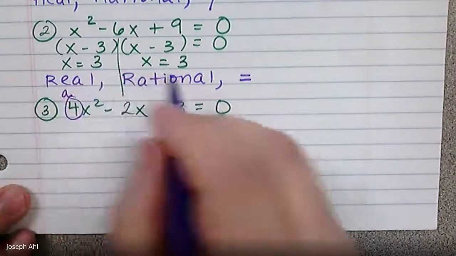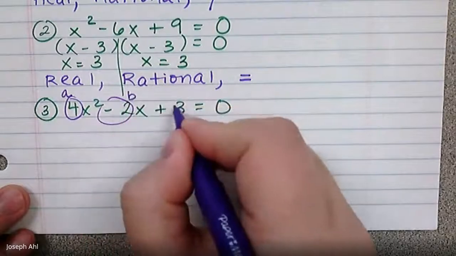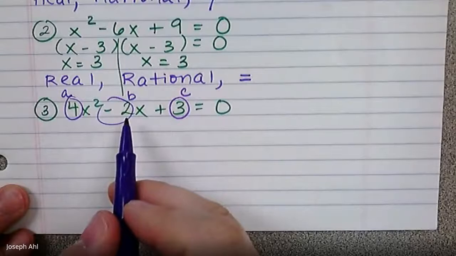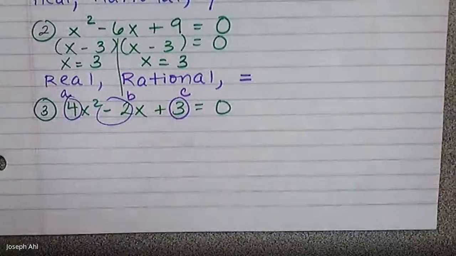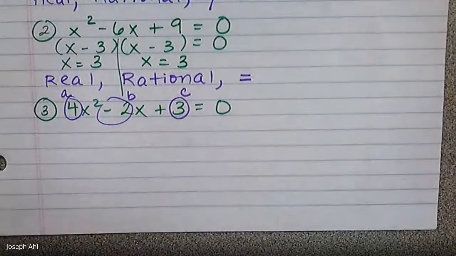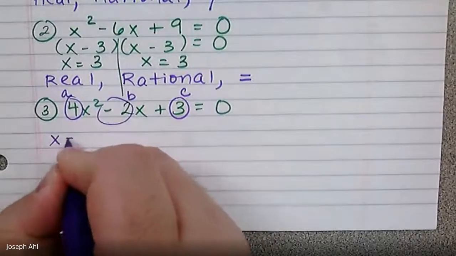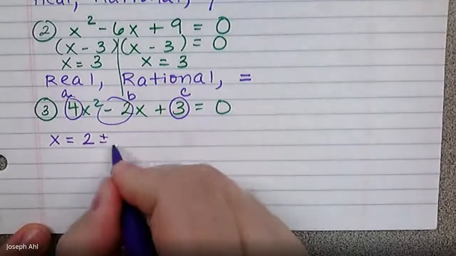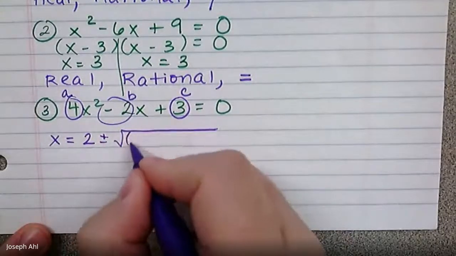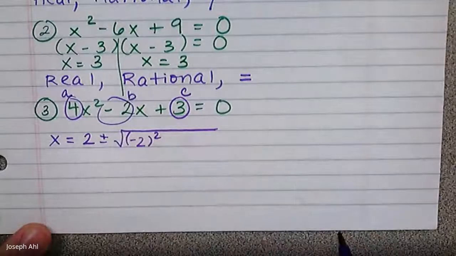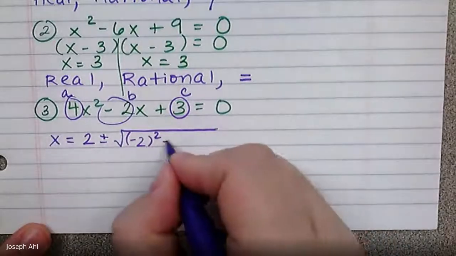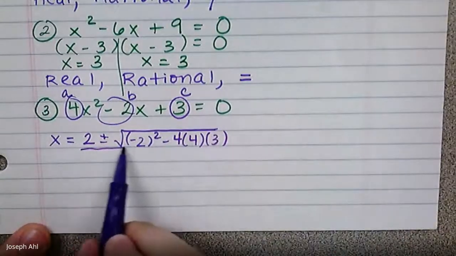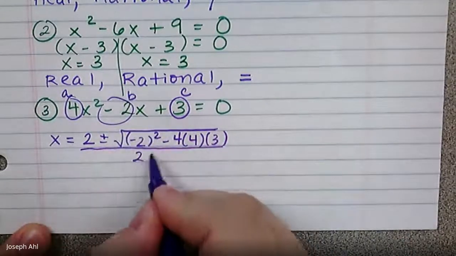When I think about what A, B, and C are for the quadratic formula, A is the coefficient of x squared, B is the coefficient of x, C is the last constant. So we're going to get x equals -b, which is positive 2, plus or minus the square root of -2 squared, B squared, minus 4ac, minus 4 times 4 times 3, all over 2a.